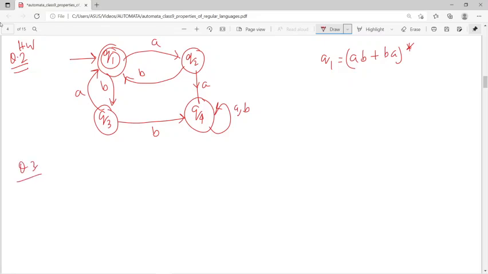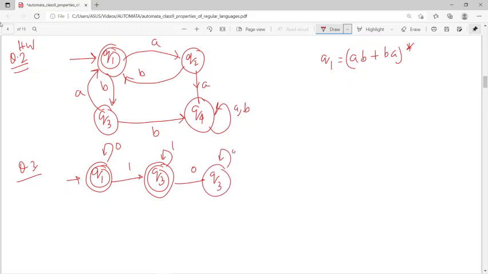q3, that is there are two final states, that mention 0 plus 1, that is q3, that is also 1, that is 0, q3 0 1, like that, and it is given.